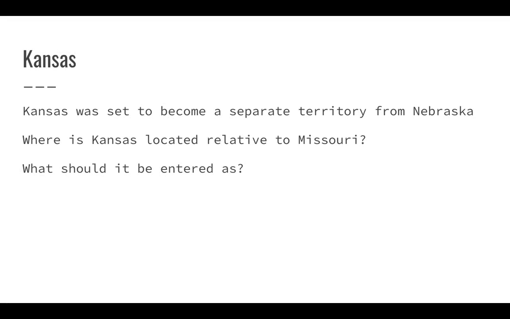So Kansas was set to become a separate territory from Nebraska. This is not quite statehood yet for Kansas or Nebraska, but it's close. Kansas is located north of Missouri's southern border. It should be entered as free territory, not slave-owning territory.